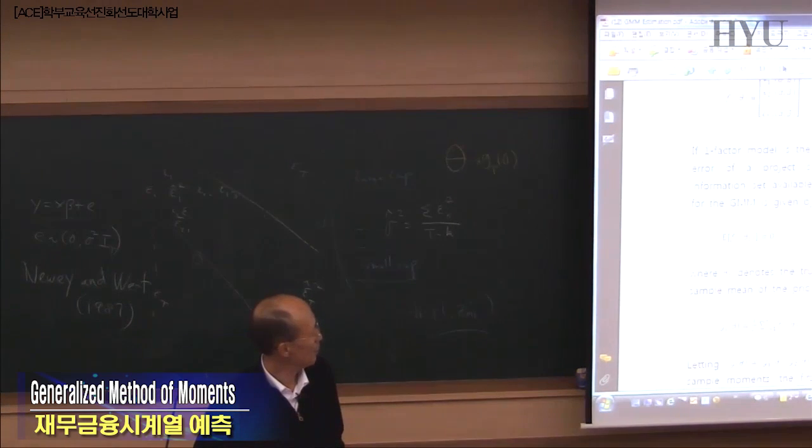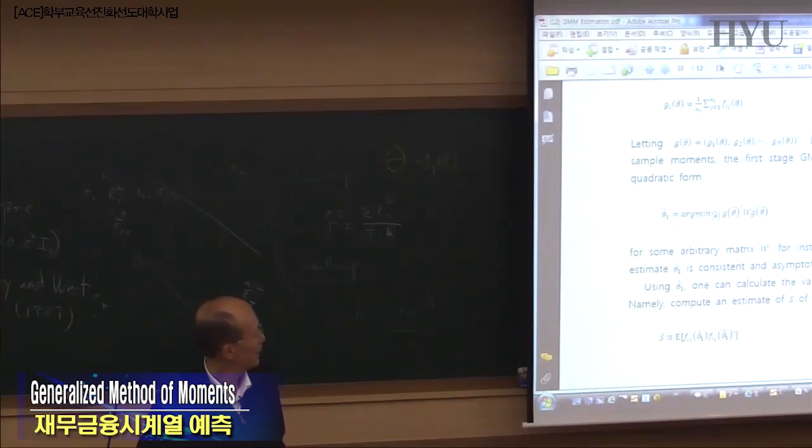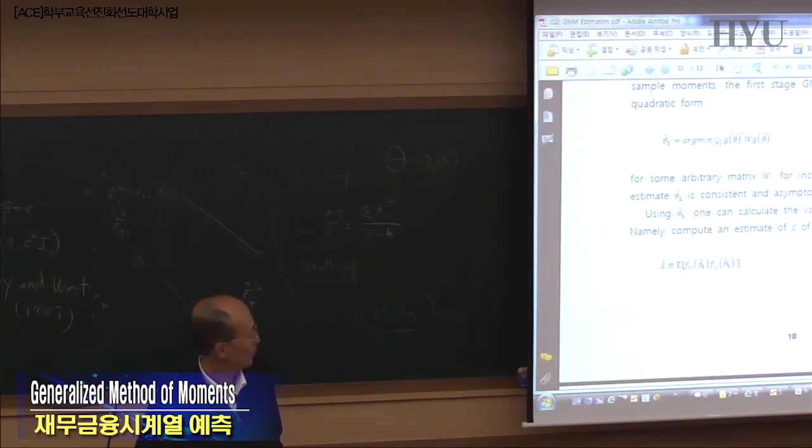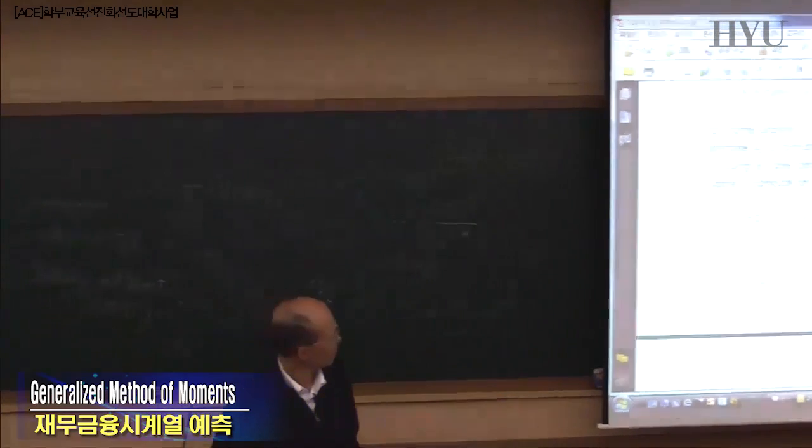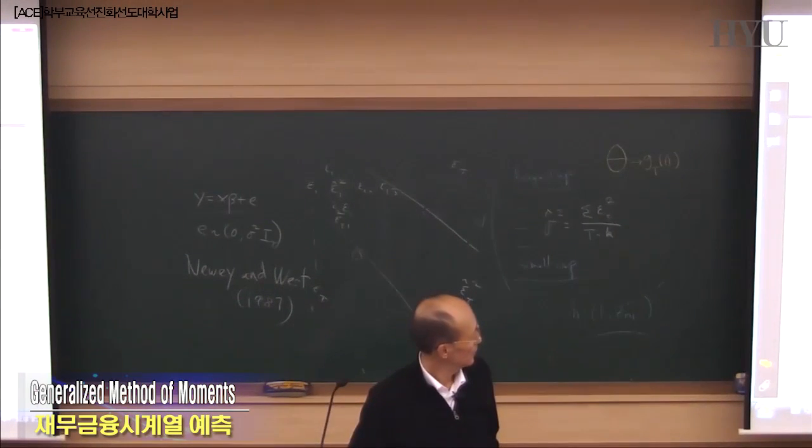Because you have a finite sample, you have a sample analog of this moment condition. So this is a G, and this is a weight matrix. In this case, identity matrix. And then the value that minimizes this function, if you have this one as an estimate, then use this one to calculate S, which is defined as this one, or in this way.